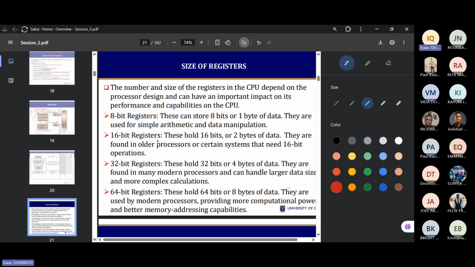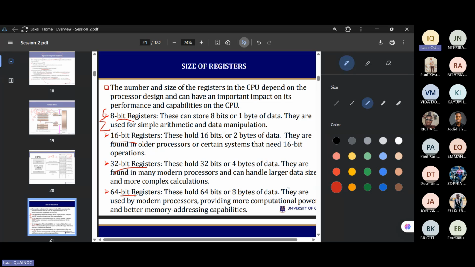So we have several types of registers. When it comes to sizes, let's take note of that. With regards to sizes, registers can come in 8 bits, 16 bits, 32 bits, and 64 bits. If you want to remember this, just use the multiples of 8.